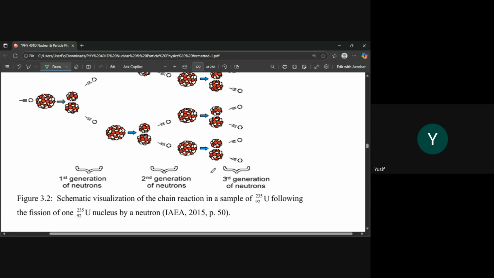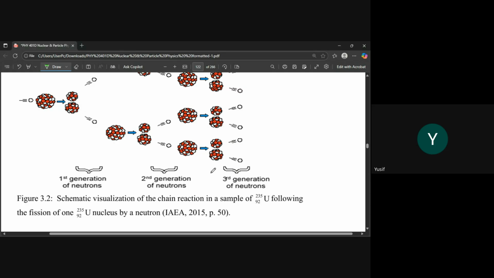If a question is given and they ask you what is the fifth generation of neutrons, or the fifth generation as far as a certain uranium chain reaction is concerned, you have to tell us that the fifth generation stands for the product that is achieved under the fifth daughter nucleus in the chain reaction of a uranium atom.